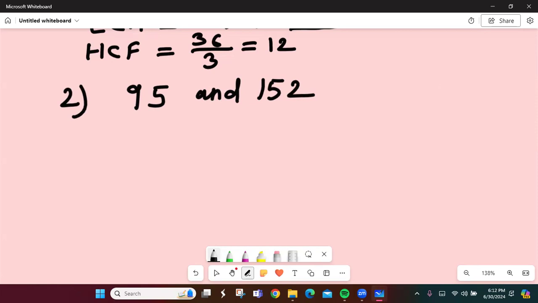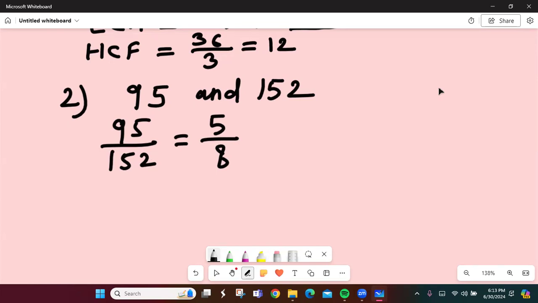So I will first take the ratio and write this ratio in the simplest form. In the simplest form, this will be 5 upon 8. So 19 fives are 95, 19 eights are 152.